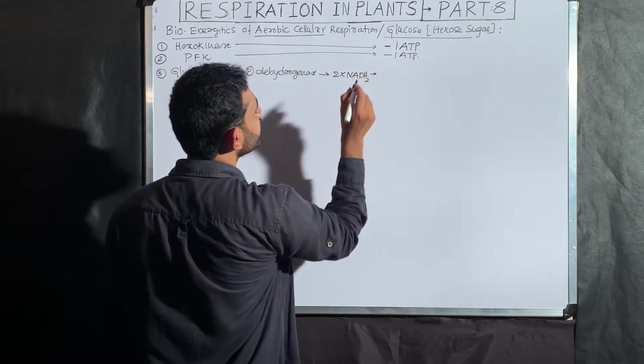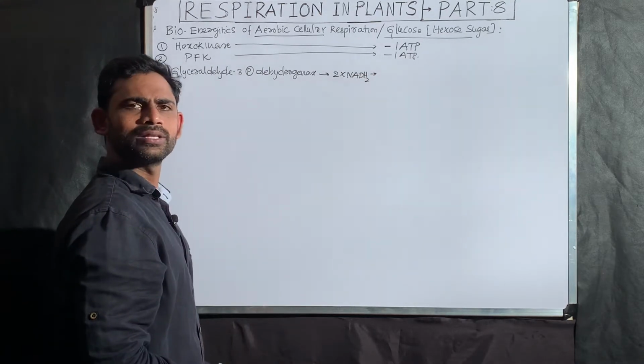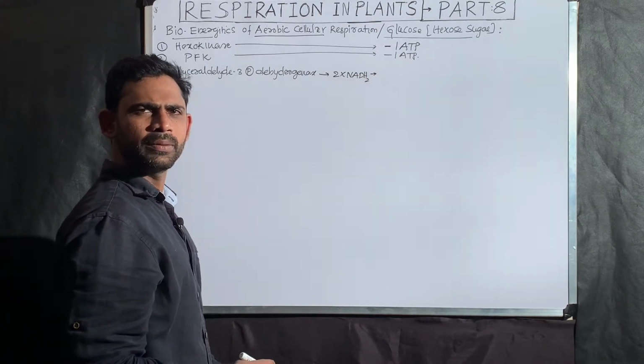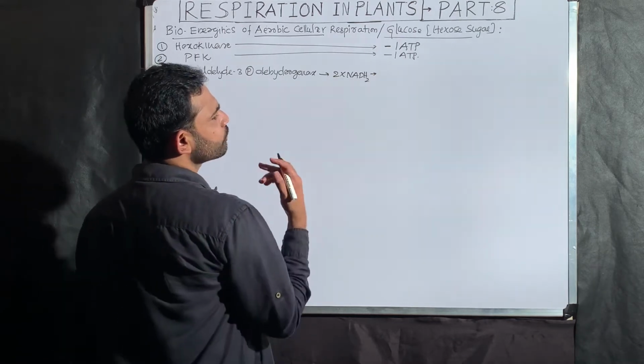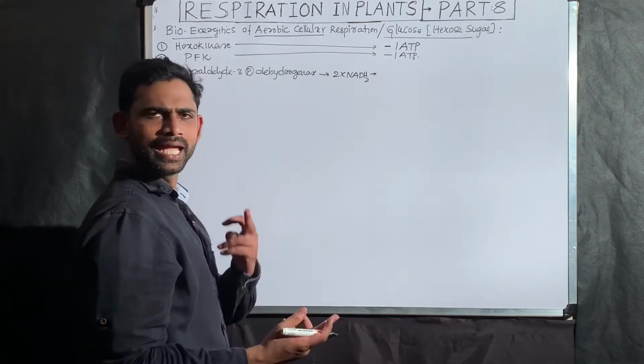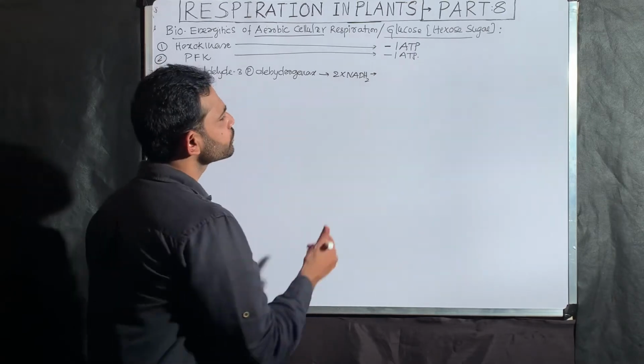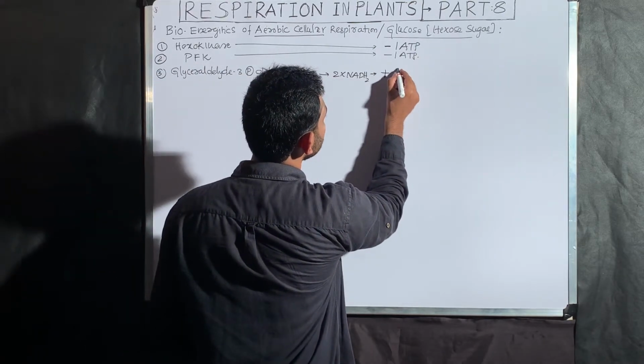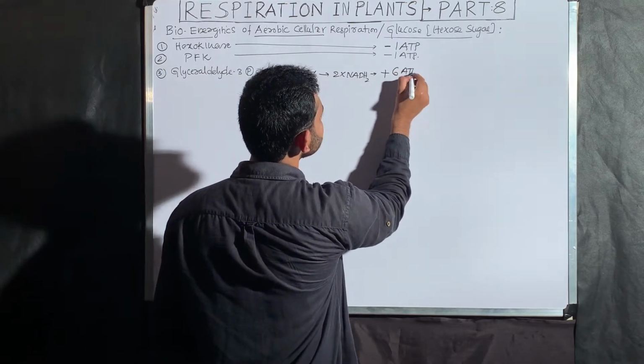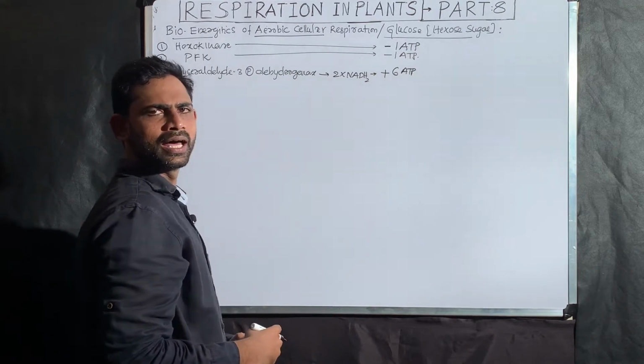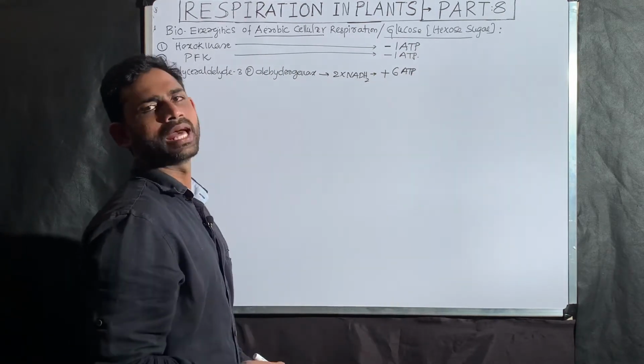When these 2 NADH2 are involved in the electron transport chain, how many ATPs are produced? 1 NADH2 gives 3 ATPs, so 2 NADH2 give 6 ATPs. So plus 6 ATP. What does the plus indicate? That is release. Minus means utilized.